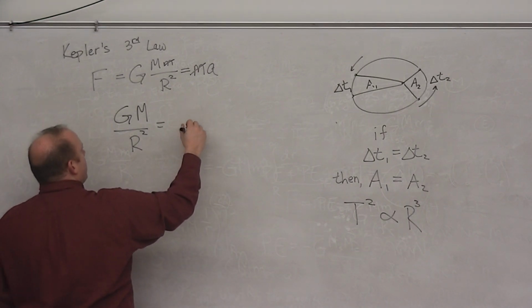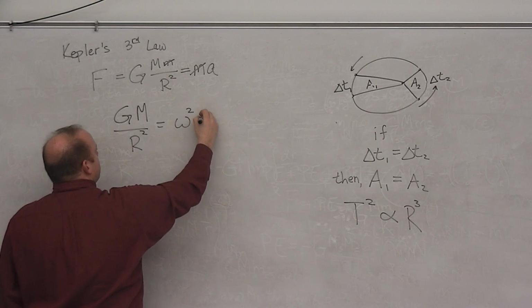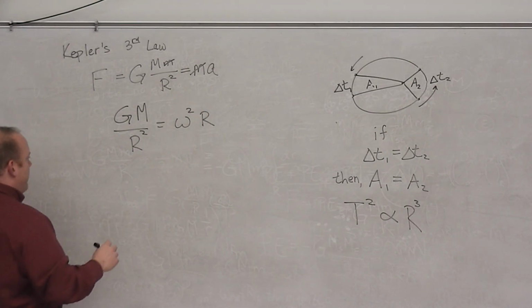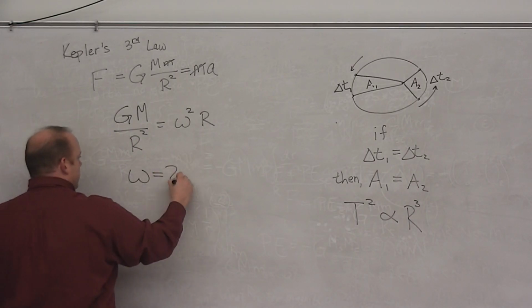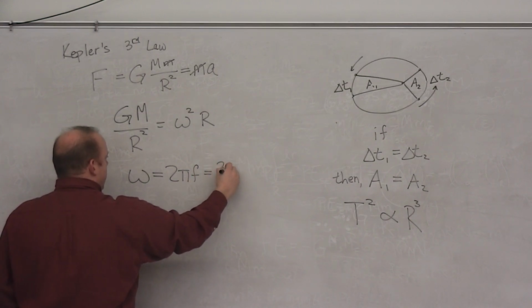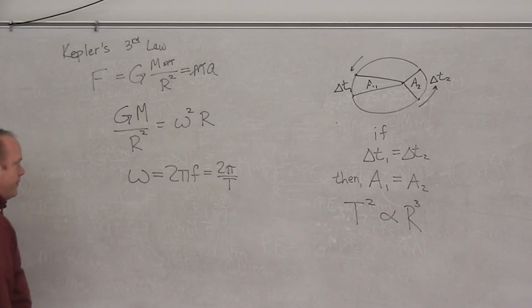Acceleration for an object going around in a circle is omega squared r. Something we haven't talked a whole lot about this year. Omega is equal to 2 pi times the frequency, or 2 pi over the period. So we're going to use that period there.